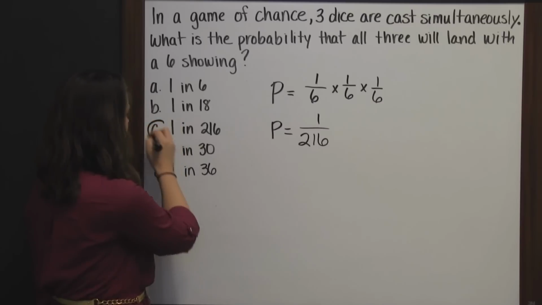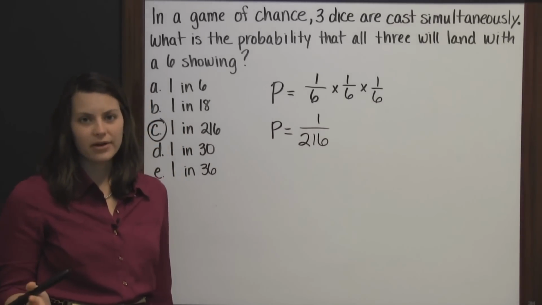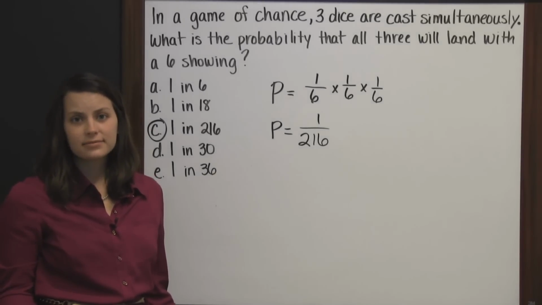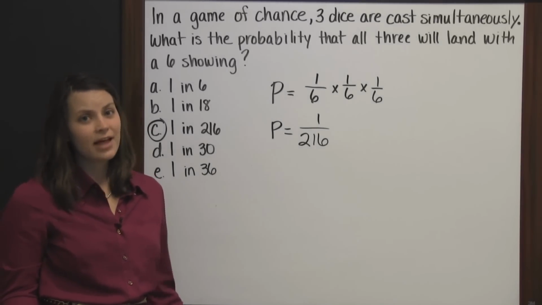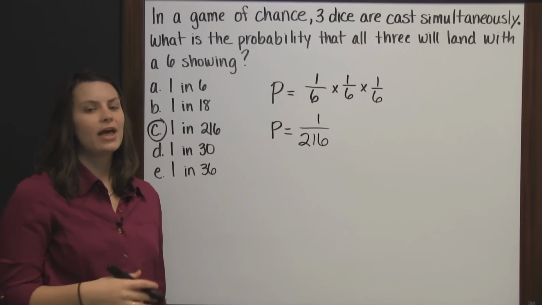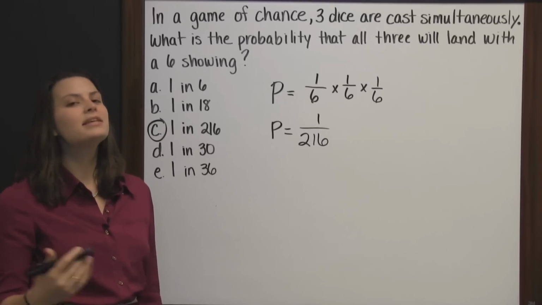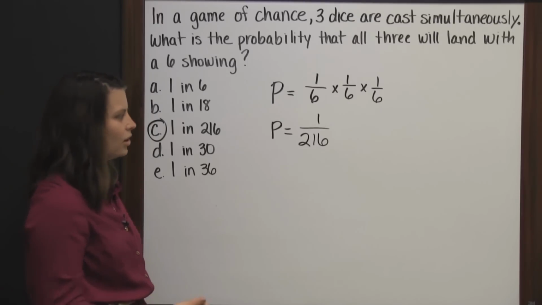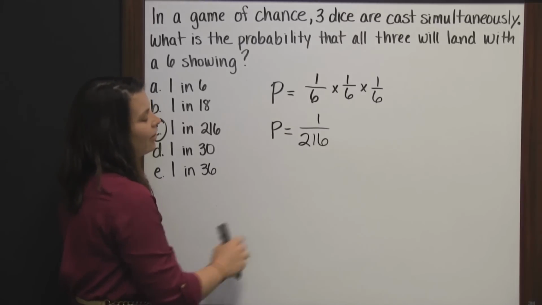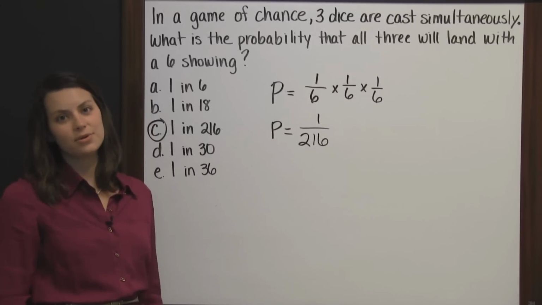So 1 in 216, which if you really think about it, makes a lot of sense. It's not very likely that when you roll 3 dice, you're going to get 3 6s. It's very unlikely. It doesn't happen very often. Maybe one time out of 216 times that you cast those dice.